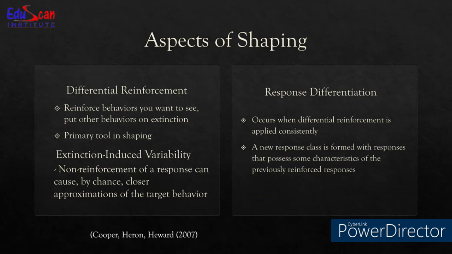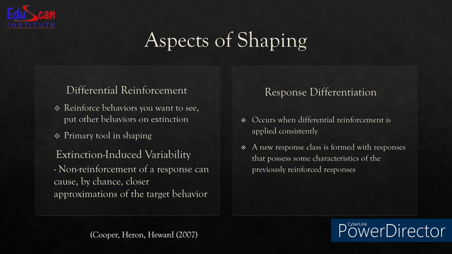Aspects of shaping. Differential reinforcement is a vital part of shaping: reinforce the behavior, but other behaviors, extinction is a primary tool. Extinction induces variability. Don't worry about it too much, but it is important to point out.